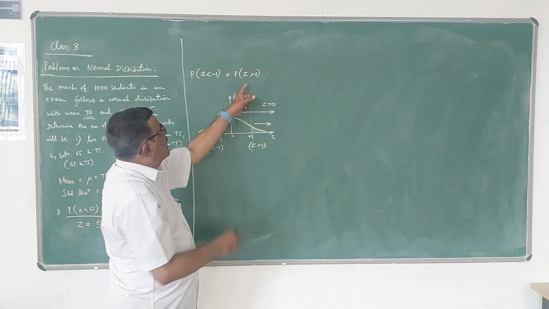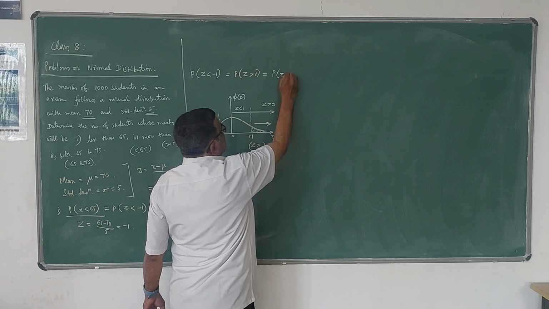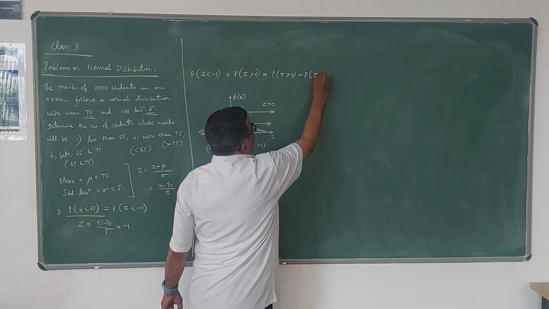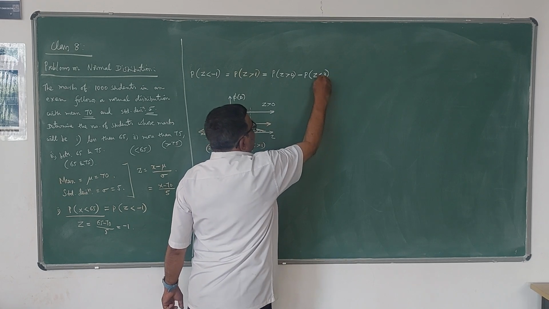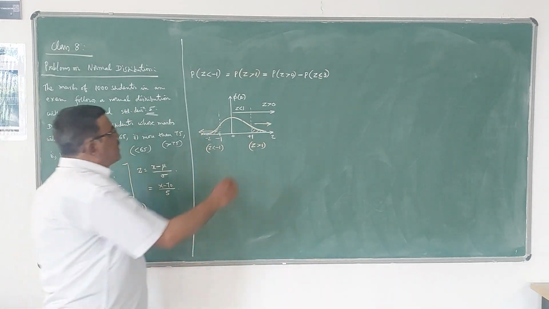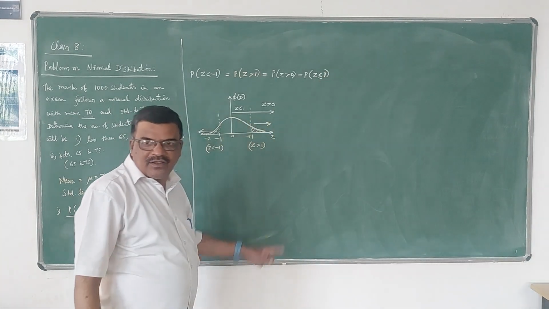So this can be written as P of z greater than 0 minus P of z less than or equal to 1.